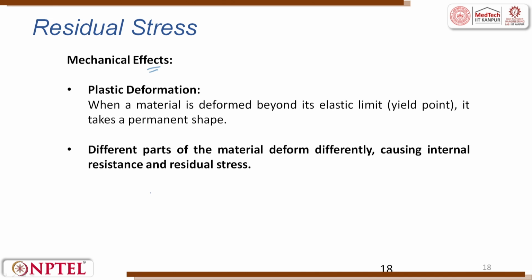So, different types of material, you take aluminum, you take stainless steel, you take ceramic, you take alumina tile. If you take all those three, all of them have a different kind of material response, and it can be heat, it can be mechanical, which causes internal resistance and residual stress.